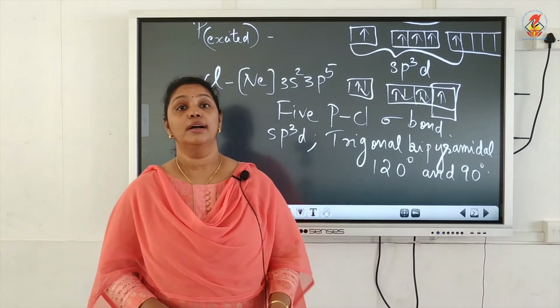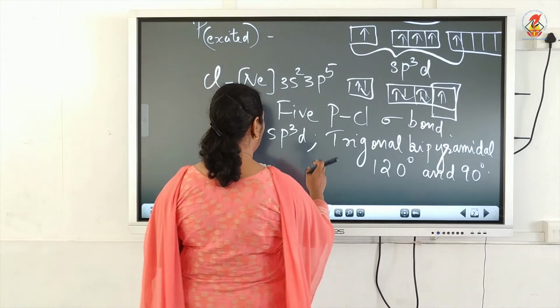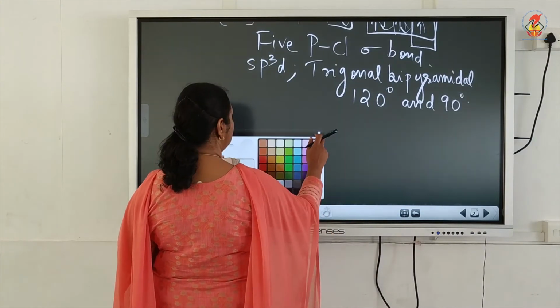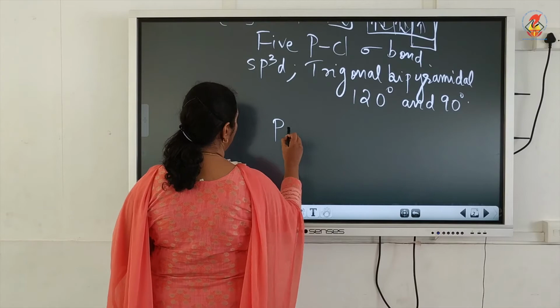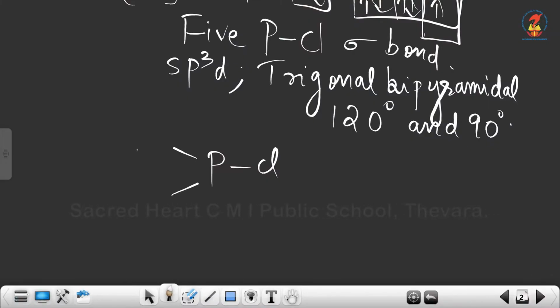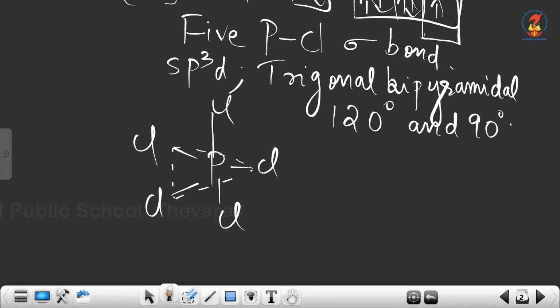Okay, now I am going to draw the shape of the PCl5 molecule. The shape is trigonal bipyramidal. And you know there are 2 types of bonds in PCl5.